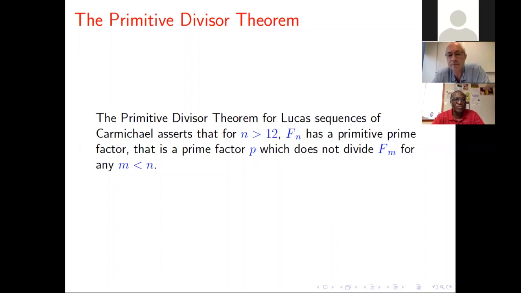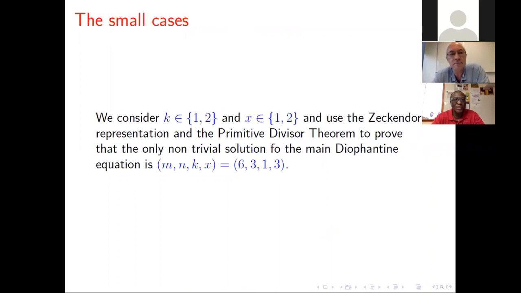So these two properties will be used in the first step. As I said, in the proof we will have many steps. The first step is to look at small cases. If we consider k equal to 1 or 2, x equal to 1 or 2, we use the Zeckendorf representation and the primitive divisor theorem to prove that the only solution is given by 6, 3, 1, and 3.